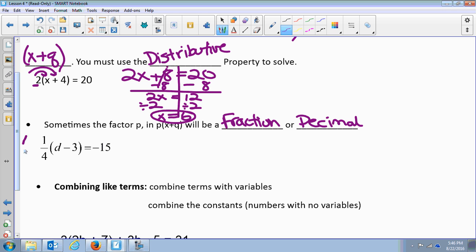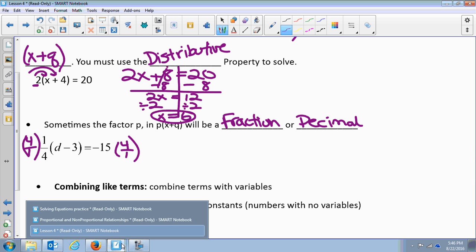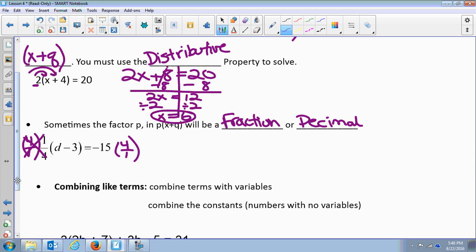I see 1/4 is being multiplied, so I can undo it by multiplying by its reciprocal. If I do it to one side, I have to do it to the other side. This cancels. I'm going to write it up over here. I'm left with d minus 3 equals negative times a positive gives me a negative. 15 times 4 gives me a 60.